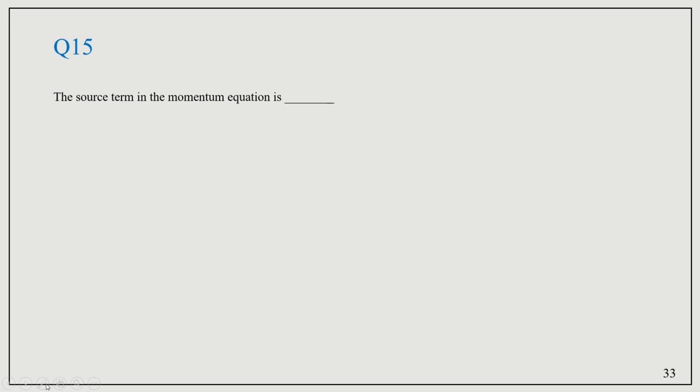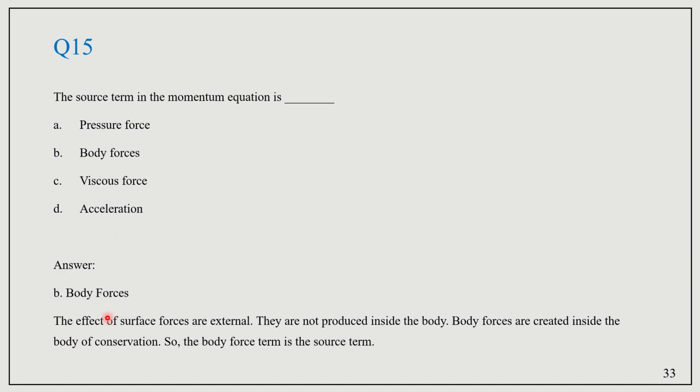Source term in the momentum equation is dash. So it is body forces. Option D, body forces is the right answer. Effect of surface forces is external. They are not produced inside the body. Body forces are created inside the body of conservation.